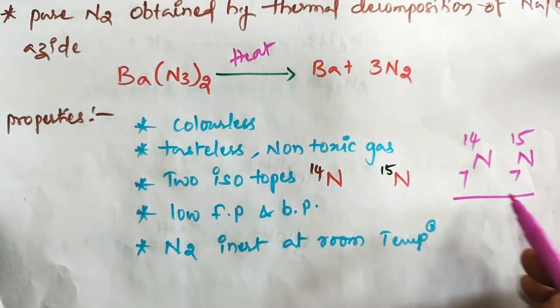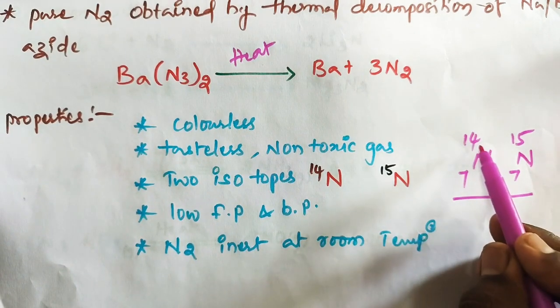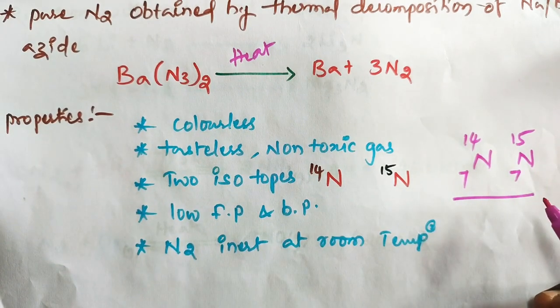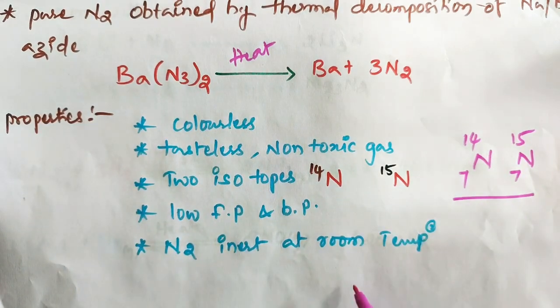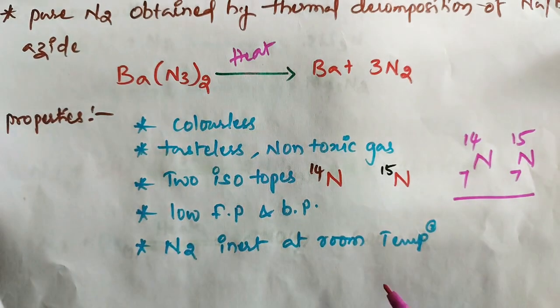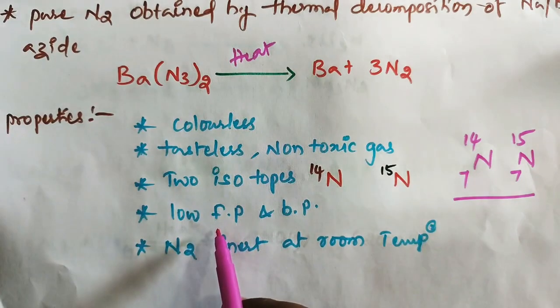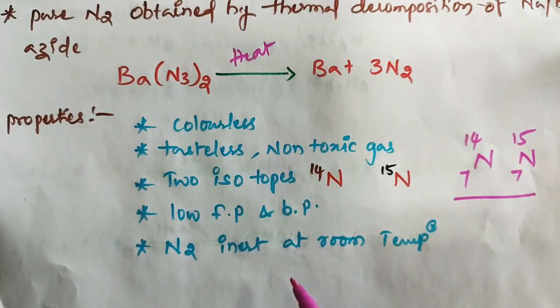These two have the same atomic number but different mass, so they are called isotopes. Nitrogen has a lower freezing point and lower boiling point.